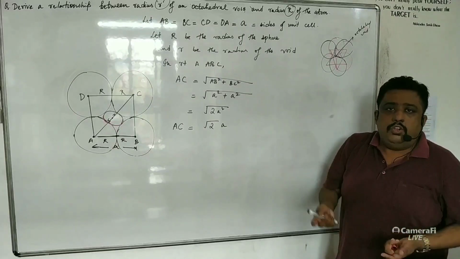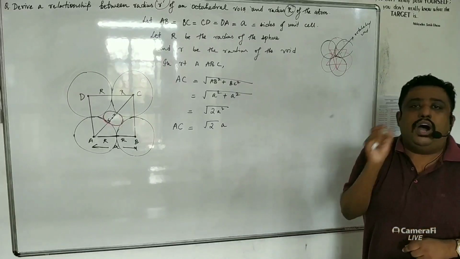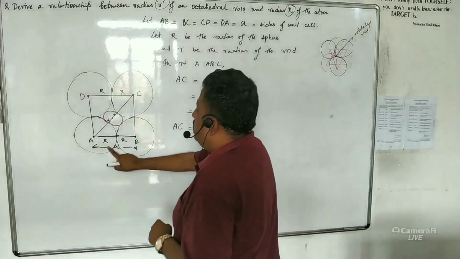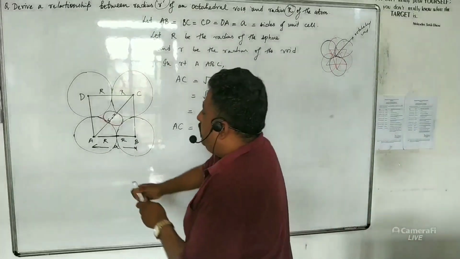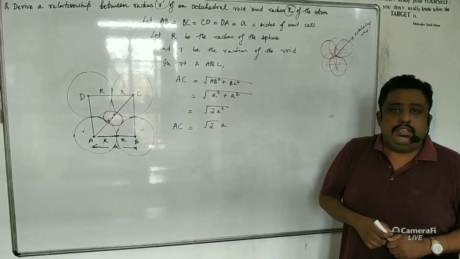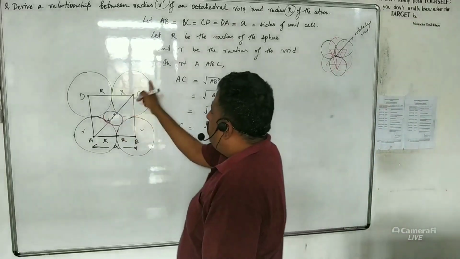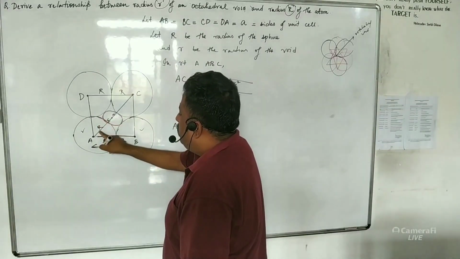But we know that A signifies 2r, because edge length is nothing but r plus r here. The radius of these two spheres, ये वाला स्फीयर और ये वाला स्फीयर को कंबाइन करने से हमको 2r मिलता है. ठीक है, तो but what is AC? AC, you know, from this point to this point, this is the radius of the sphere.